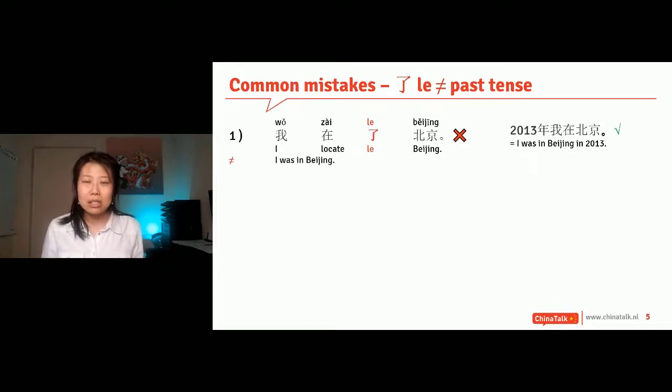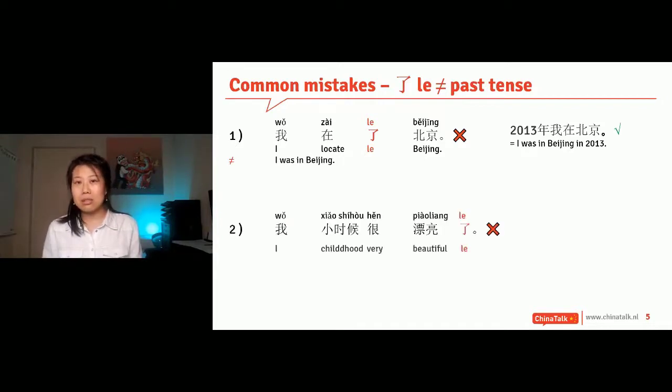So Chinese is not a language where you need to change the verb to show it happened in the past. If you give a time out of the context and it was in the past, it already indicates the past.